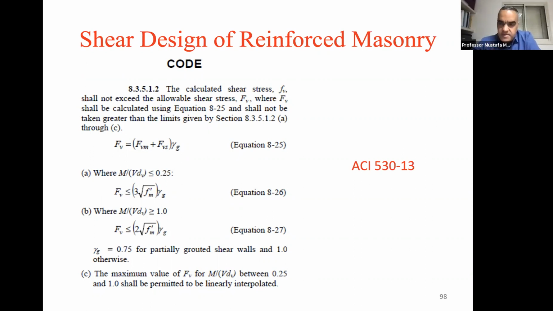Any notation that you see in the body of the code, you can go to chapter 2 and see that. This is multiplied by gamma sub G.